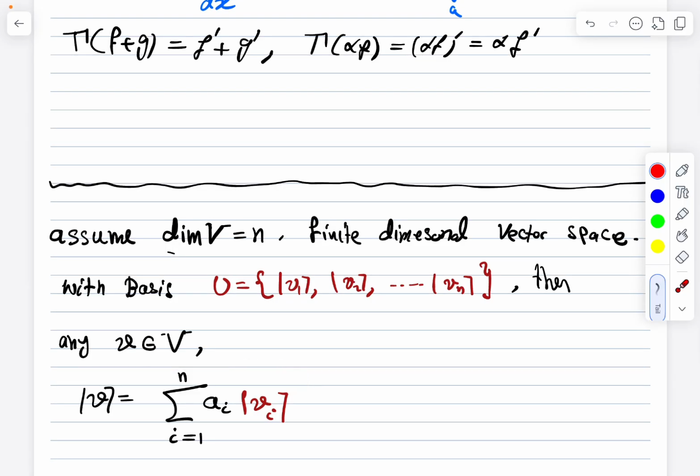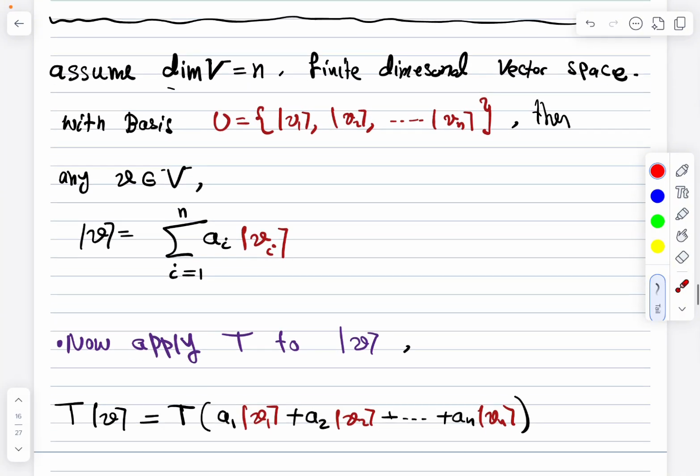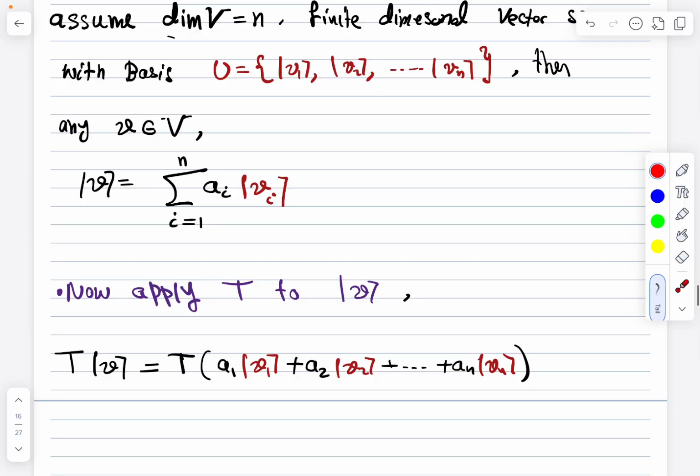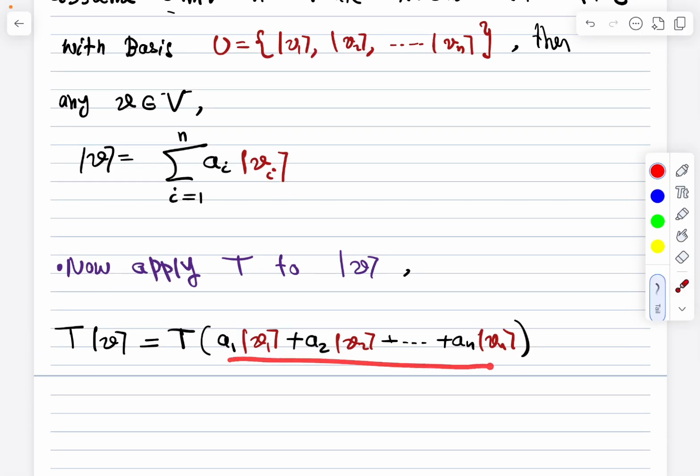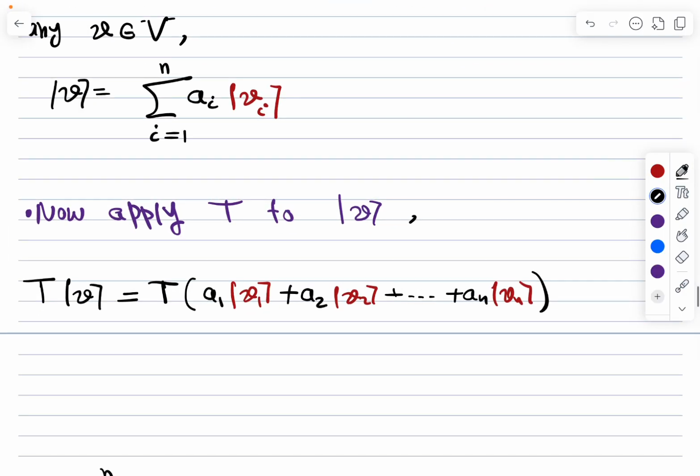My goal is, having this vector, to see what its image is under this linear operator. So let's apply T to my vector, and now we get something like this. What I have done is just expanding the linear combination. Now let's use the facts about this linear operator.